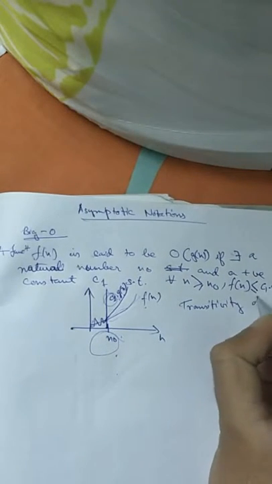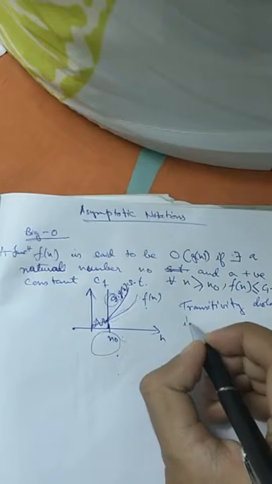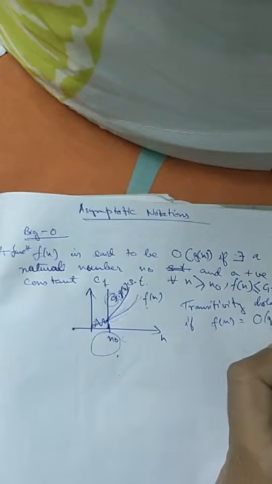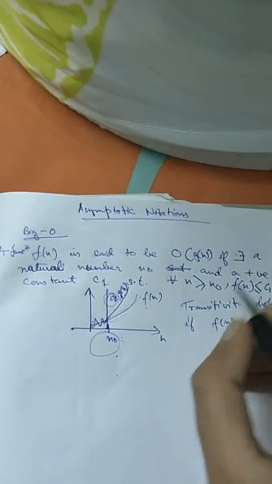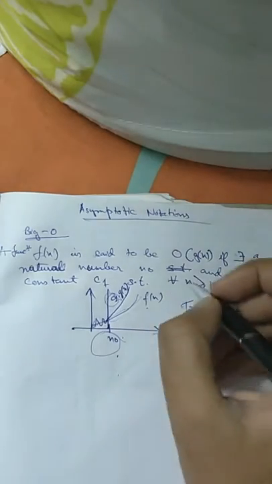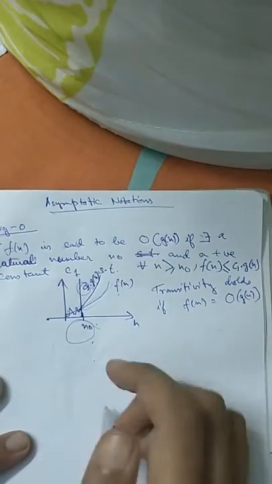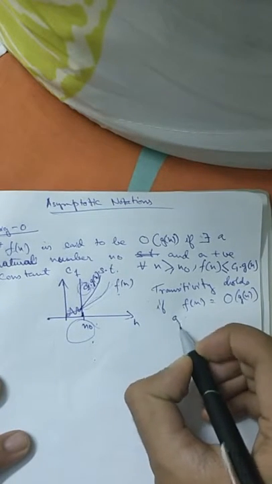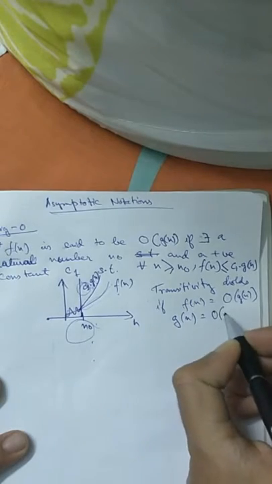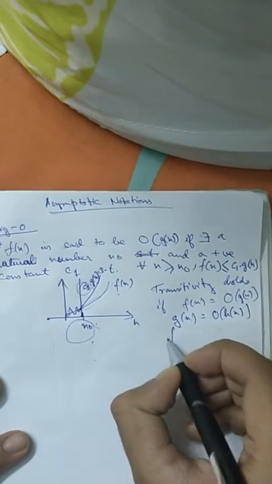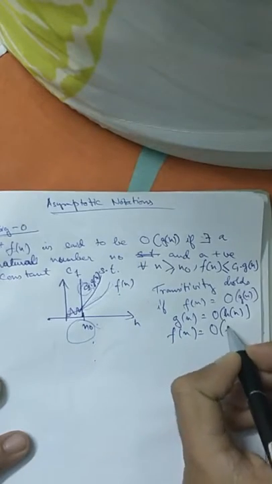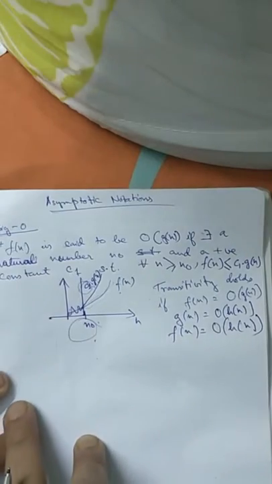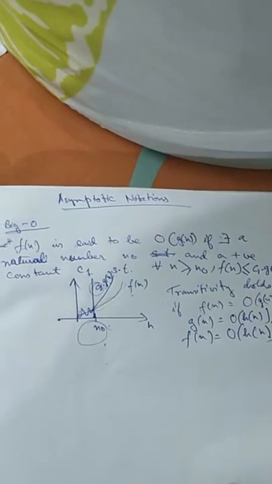Transitivity holds means if f(n) equals order of g(n), or big O of g(n), as we say it, we call it order of g(n) also, and g(n) is order of h(n), then we can write f(n) as order of h(n). So that's it.